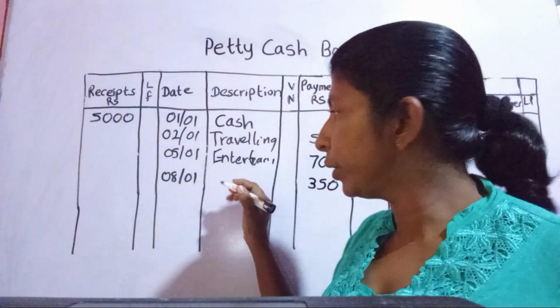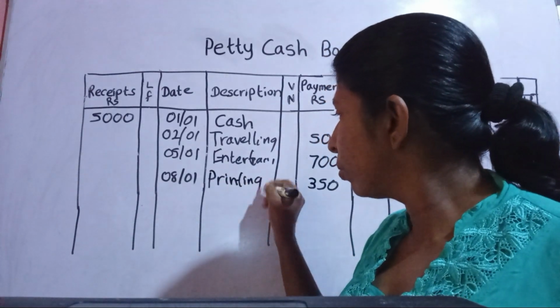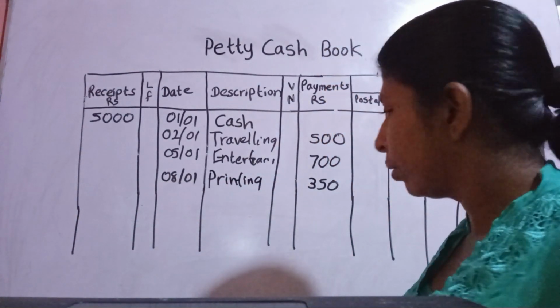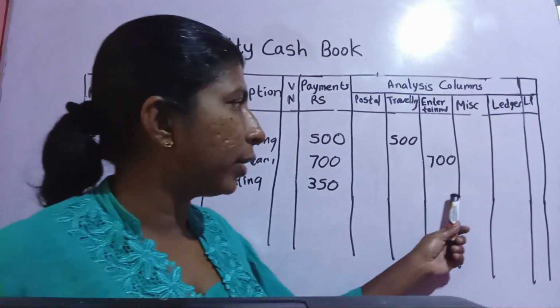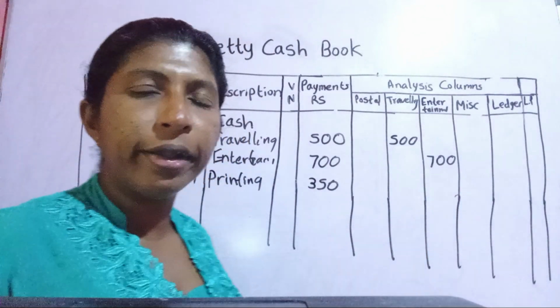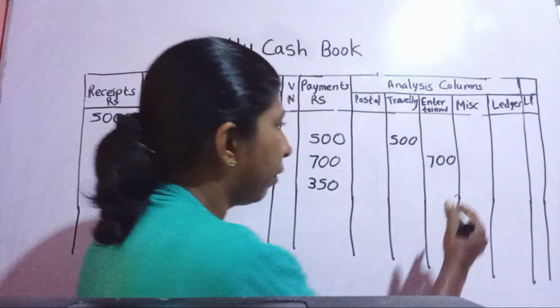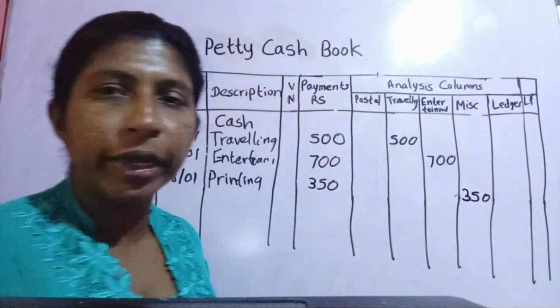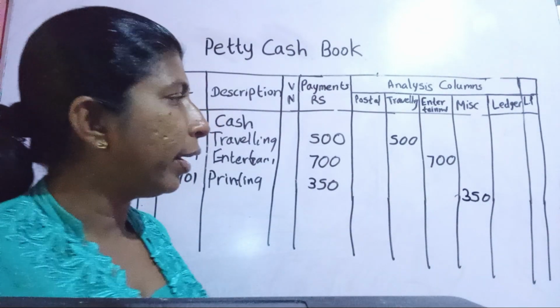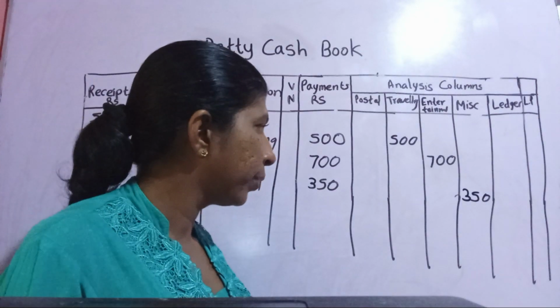In the description column, I will write printing. There is no separate column for this printing expense. Therefore, I will write it in the miscellaneous column, 350. If there is a separate column for printing, we can write it in that particular column.